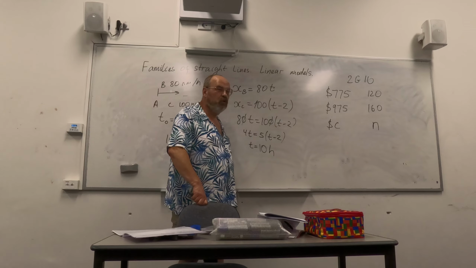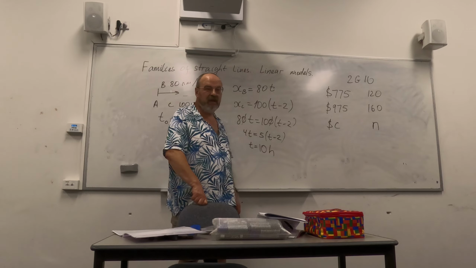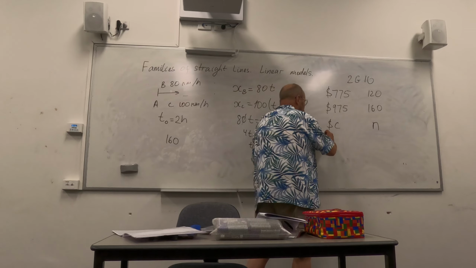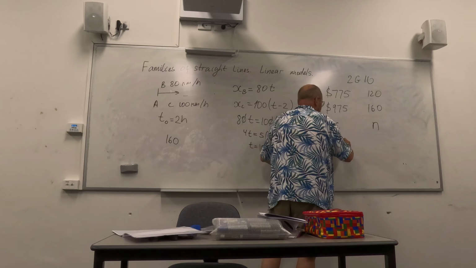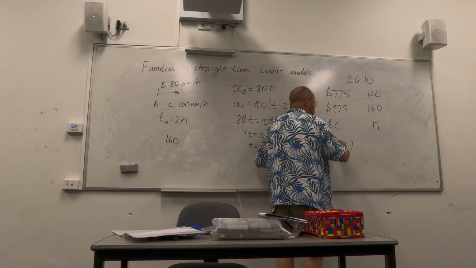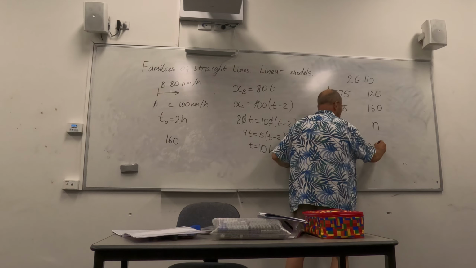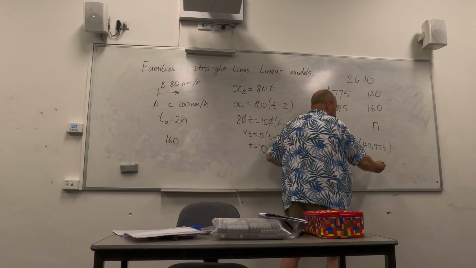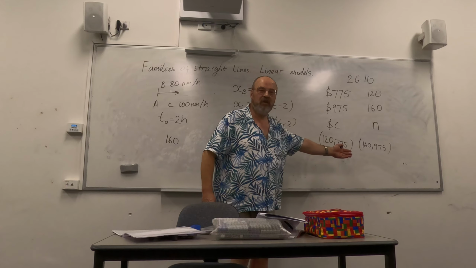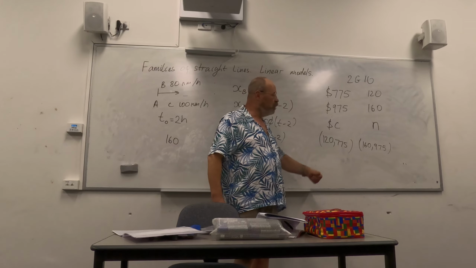So we have 2 points. It's a linear relation. One point is 120, 775, and the second point is 160, 975. We need to find the equation going through these 2 points.